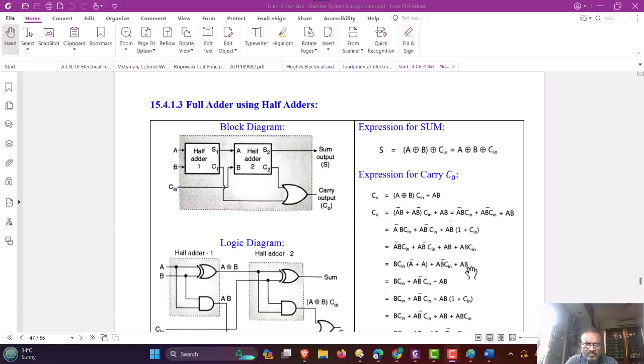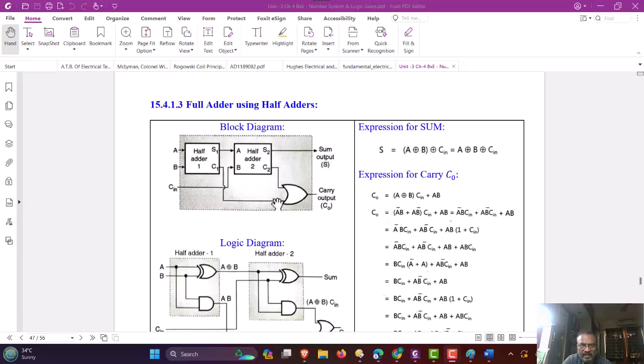The same full adder can be implemented using two half adders as shown in the figure. The first half adder will be adding the two bits A and B. Sum S1 and carry 1 will be generated. Then this sum will be added to the third bit by the next half adder, that is the C in bit.